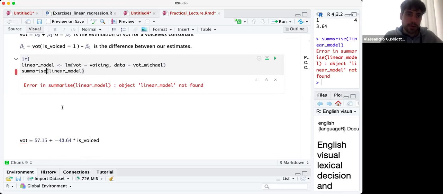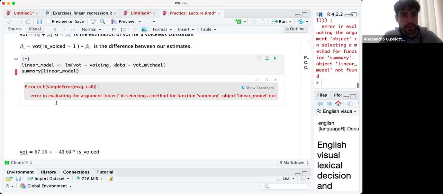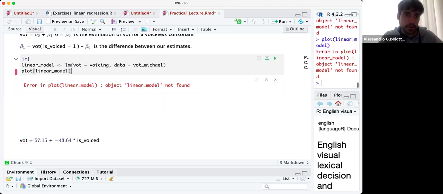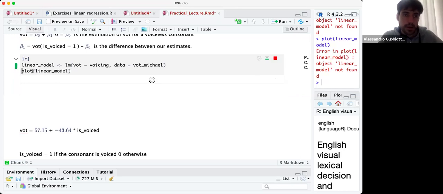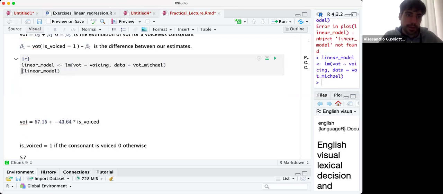Summary of the linear model, okay, probably. Maybe plot. Okay, linear model was not found, of course. Maybe summarize is good.